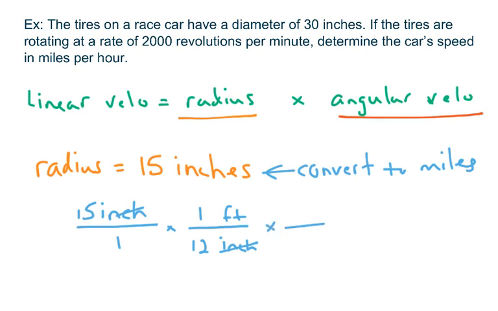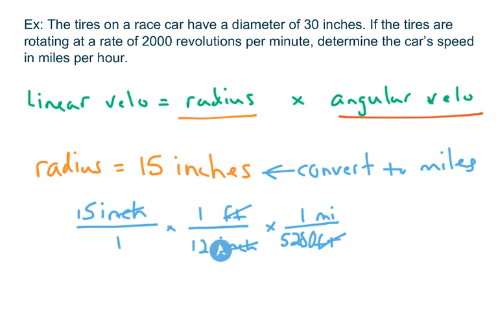If I have feet on the top, I know my next unit for feet has to be on the bottom, and then from feet I do know how many feet are in a mile. So I can say 1 mile is equal to 5,280 feet. So I have feet on the top, I have feet on the bottom. Those labels cancel each other out.